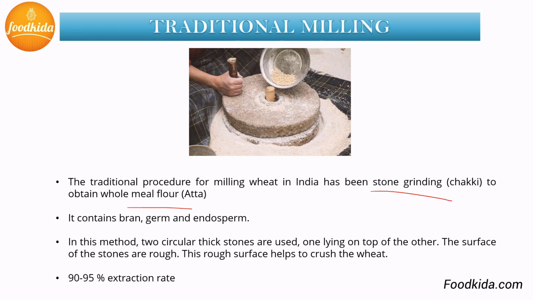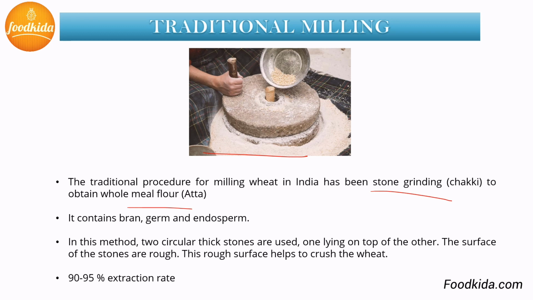As we can see in the diagram, two circular thick stones made of rough material, lying on top of each other, are used to crush the wheat, and this rough surface helps to crush the wheat by providing friction when it gets rotated, and finally it is completely milled into flour.